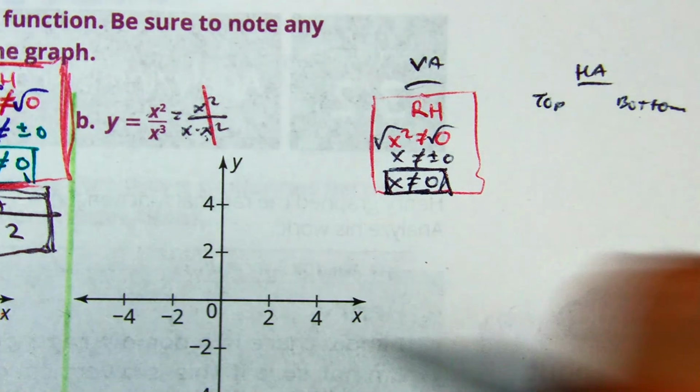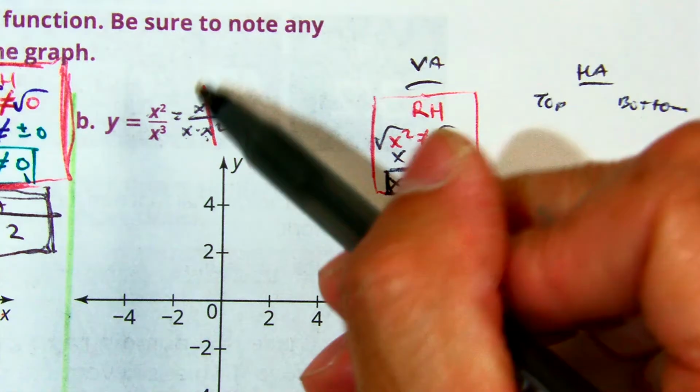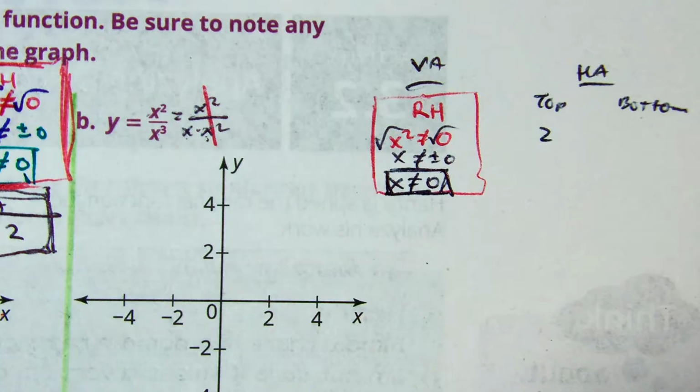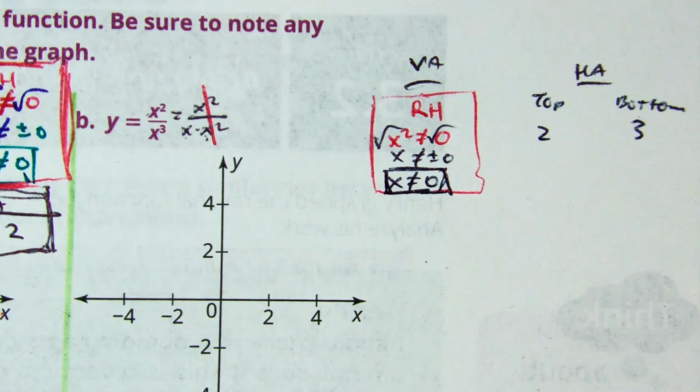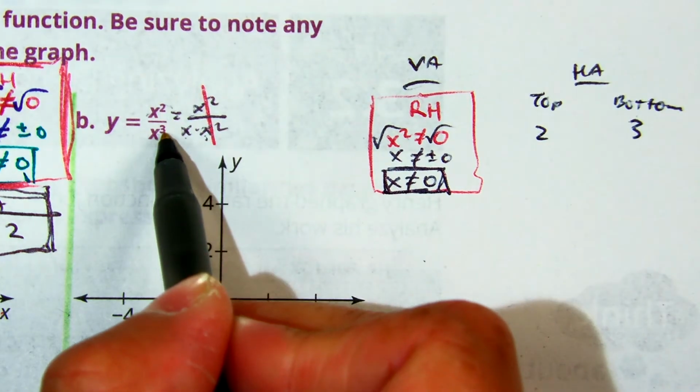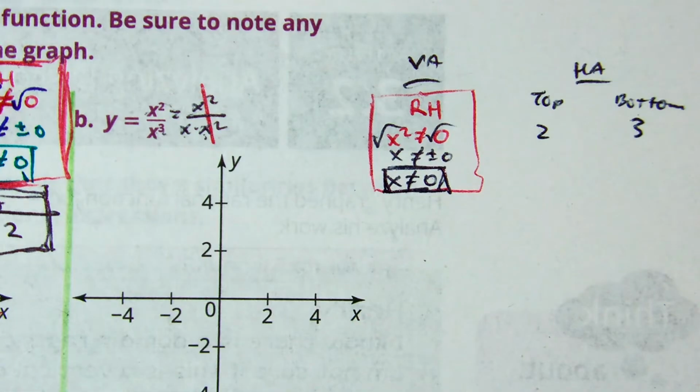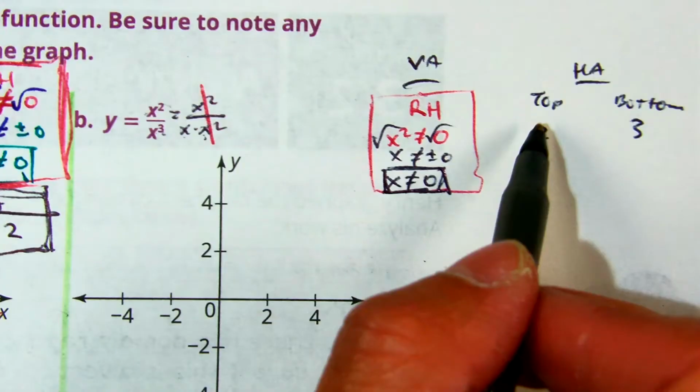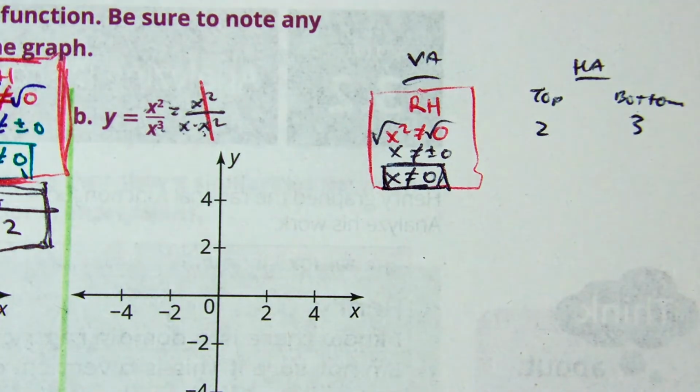You can look at the original problem. 2. And the bottom? There's a 2. And there's a 3. Talk to your partner about what inequality do you put in there and what's going to happen based on your formula sheet. 10 seconds. Ready, set, go.